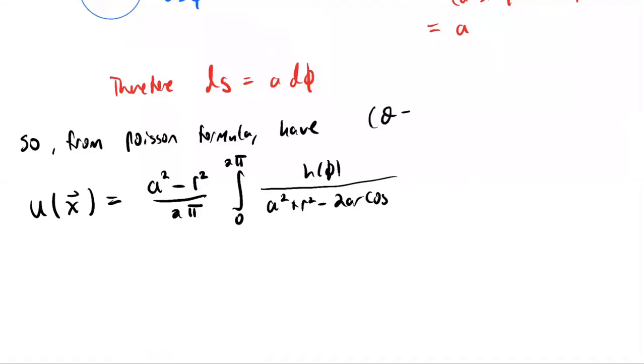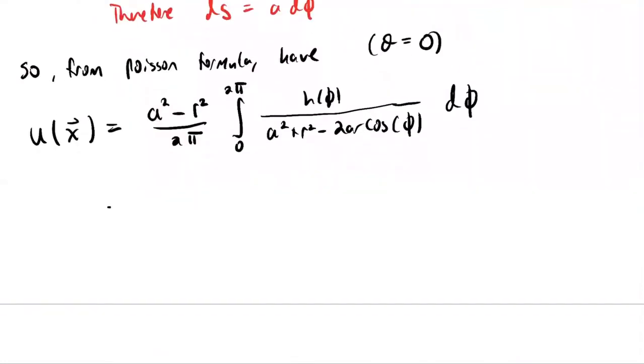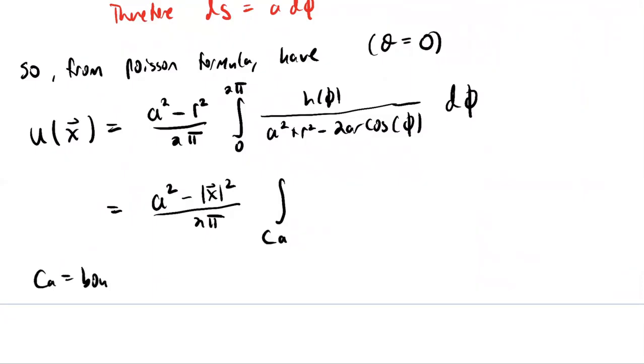Remember, we're assuming that theta is equal to 0 for this calculation. So let's start plugging this in. Let me just leave a by itself because a is a constant. r squared is just the absolute value of x squared, divided by 2 pi. And now I want to rewrite this as an integral along C_a, where C_a is the boundary circle.